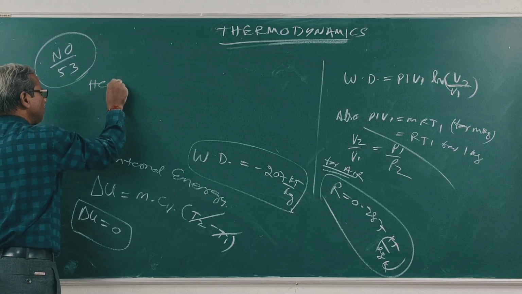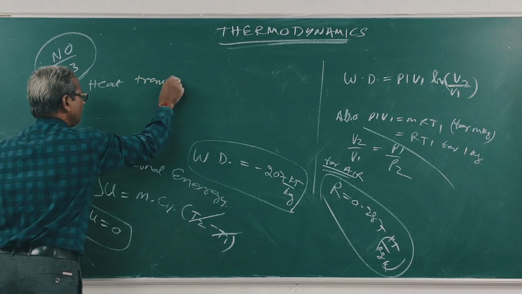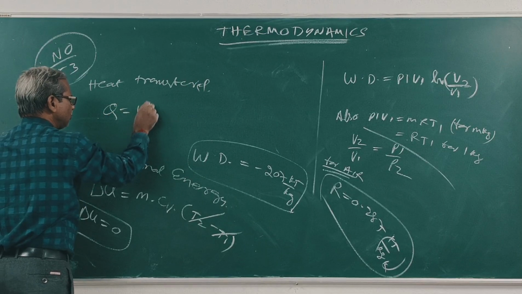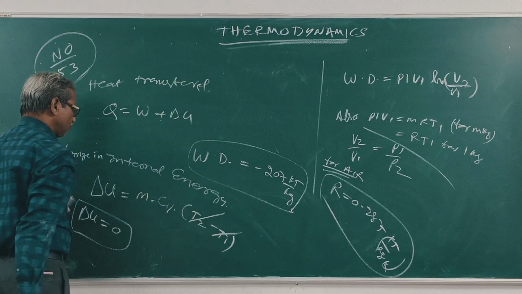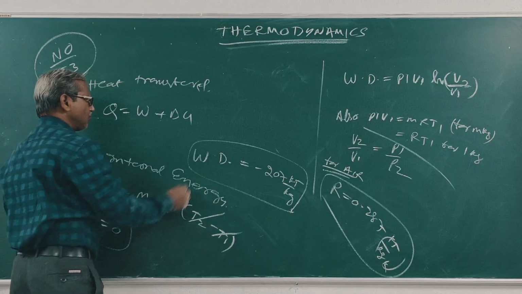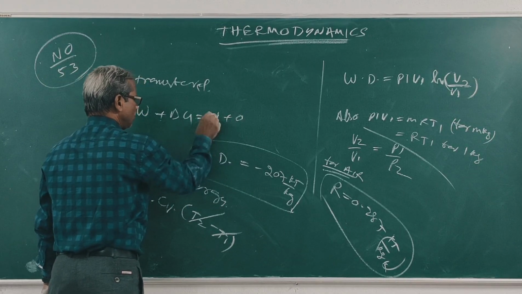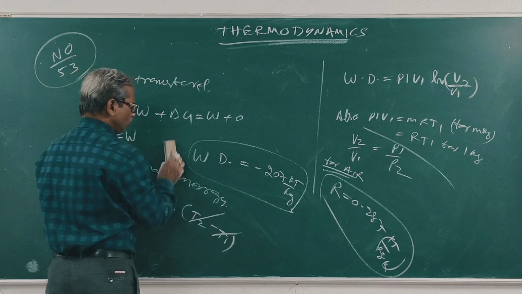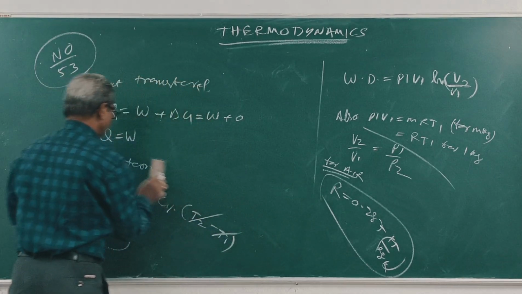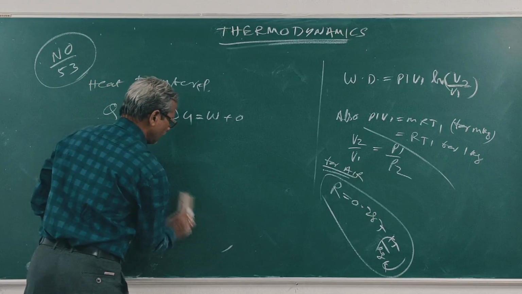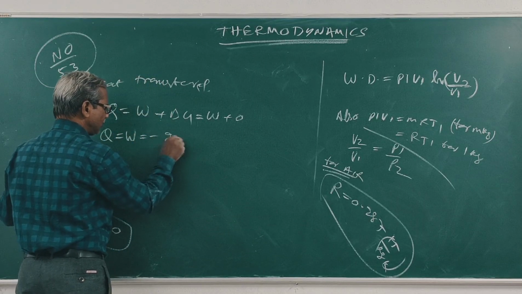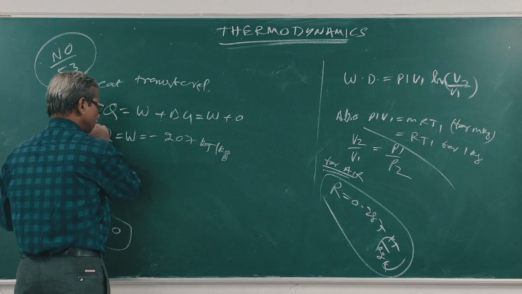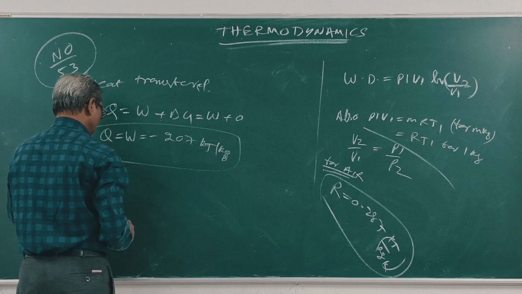Q is equal to W plus del U. So del U is 0, so Q is W plus 0, which is minus 207 kilojoule per kg. Q is minus 207 kilojoule per kg. Clear?